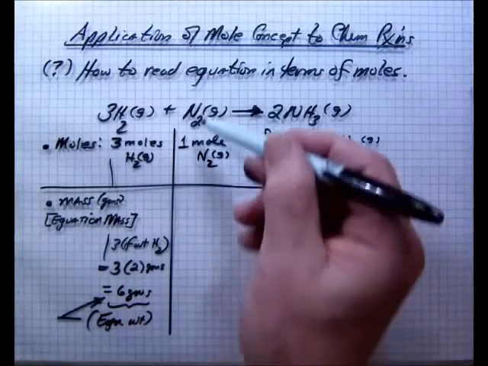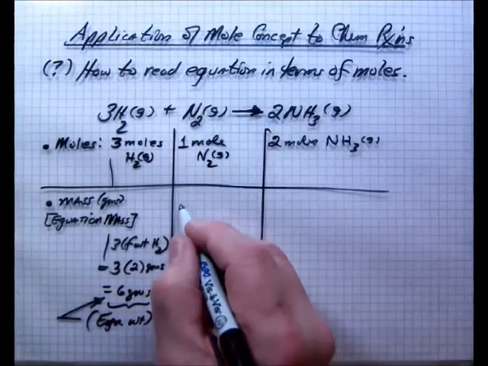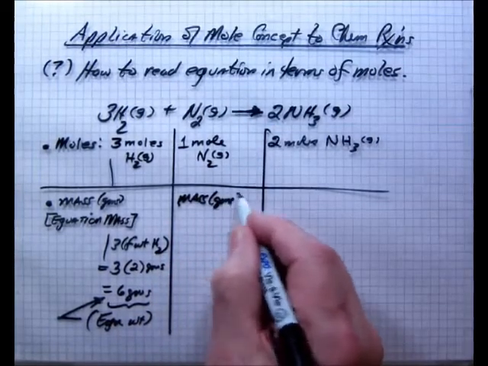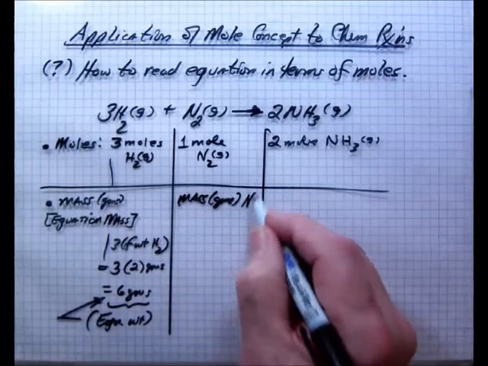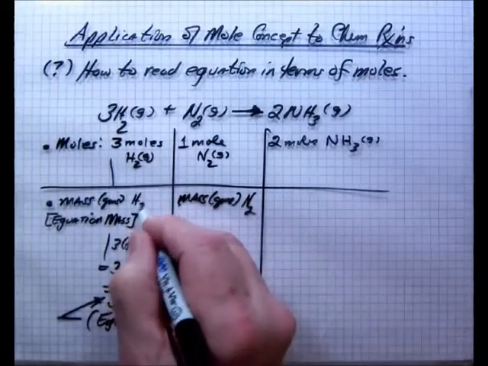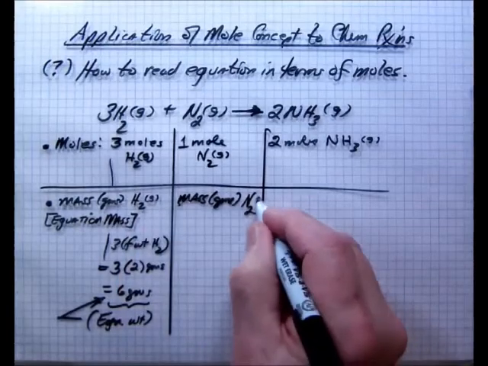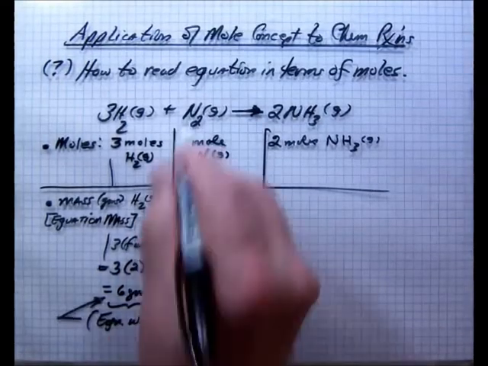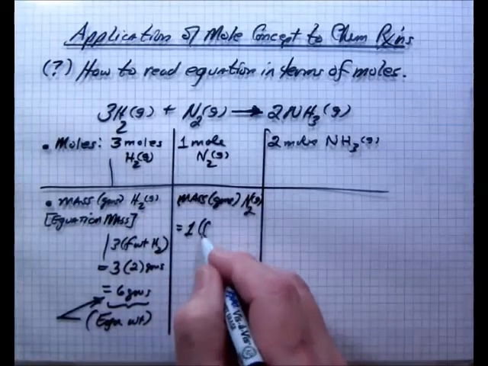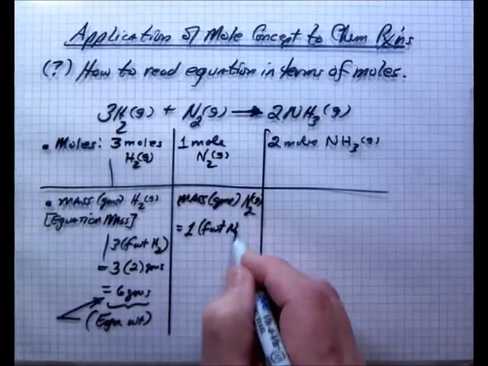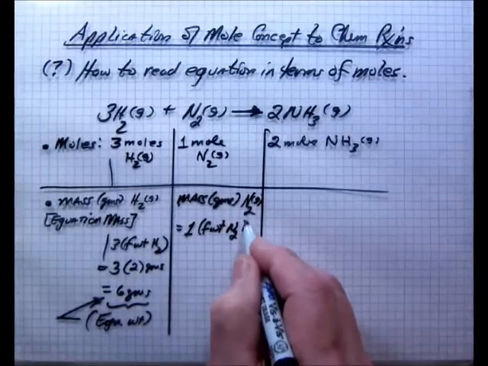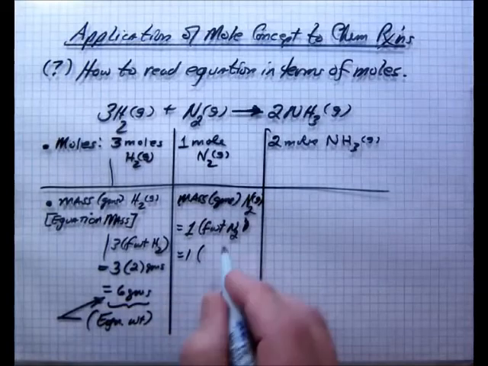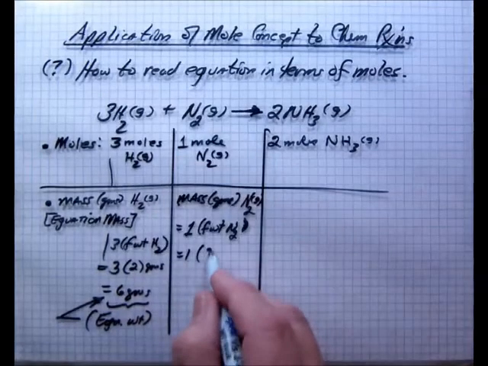If I'm interested in the mass values for nitrogen, grams of N2, that was H2 gas there, I would have this equal to 1 times the formula weight of molecular nitrogen, which in essence is 14, 14 is 28 because you have subscript 2.